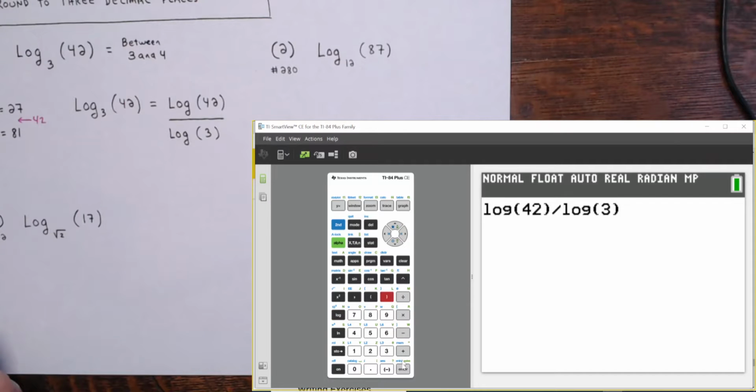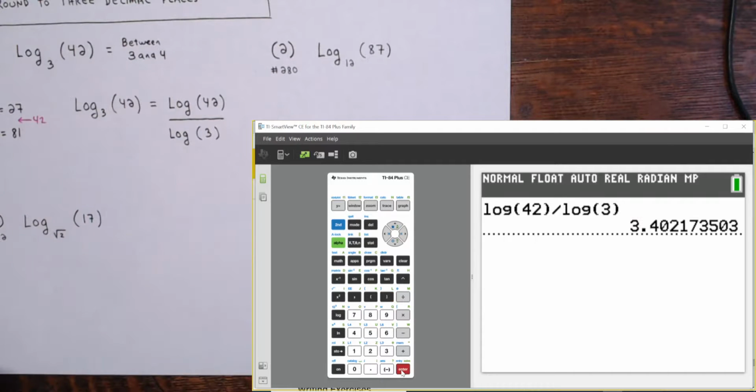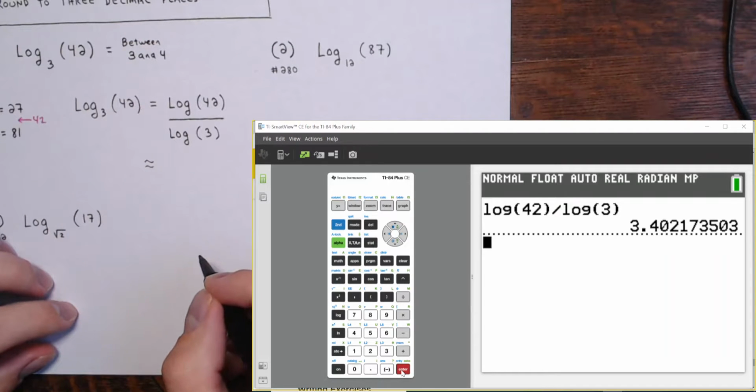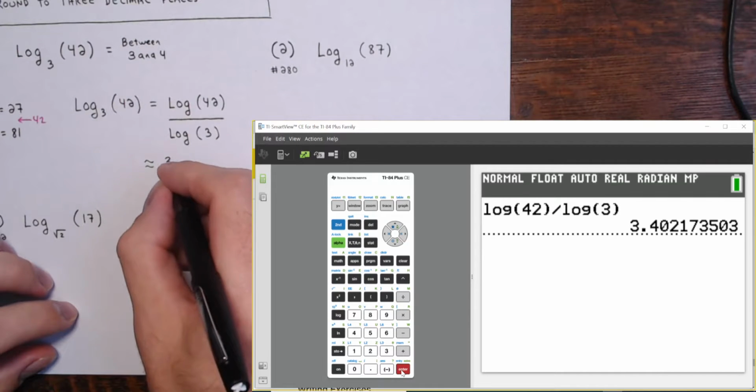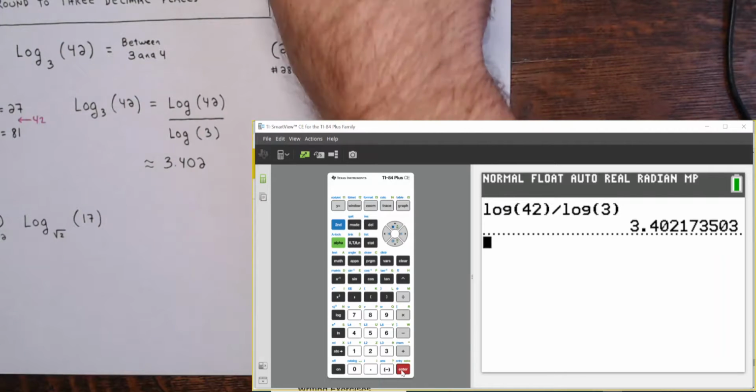And as I said a minute ago, this should be between 3 and 4. And look at that. This is approximately, if I round to 3 decimal places, the nearest thousandth, 3.402. And that's what they're asking me to do right here.